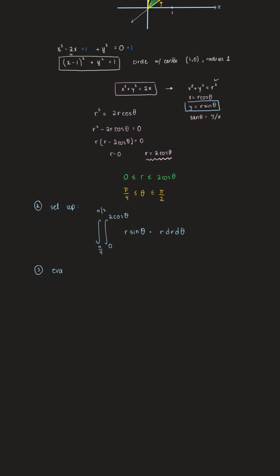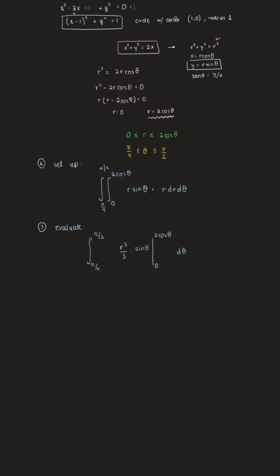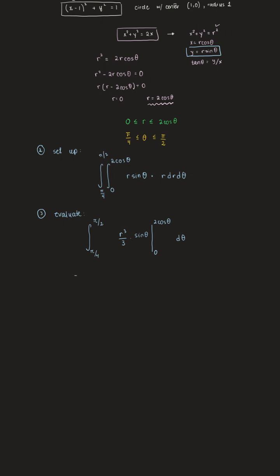So let's evaluate this integral. I'm going to keep the outside theta from pi over 4 to pi over 2, and we have r squared sine theta dr d theta, so this is going to be r cubed over 3 sine theta, and r will go from 0 to 2 cosine theta, and then we still have d theta. Okay, so let's use the fundamental theorem on the inside.